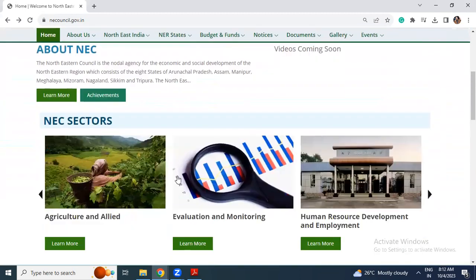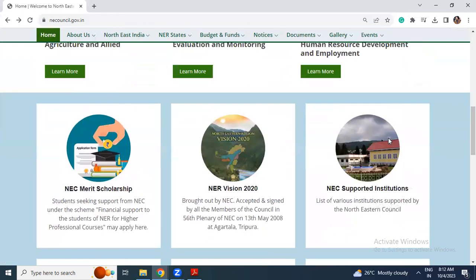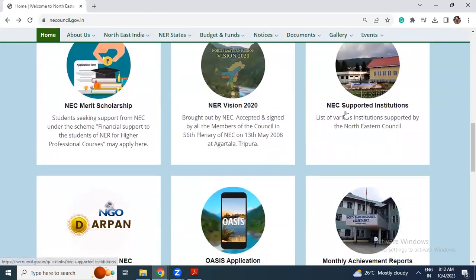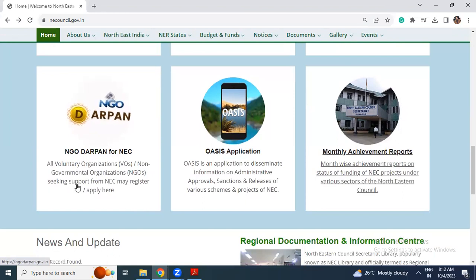Here you can see the different sectors where the government is focusing, like agriculture and allied sectors. Then evaluation and monitoring is going on. Then some supported institutions, Northeastern Region Vision 2020, then merit scholarship, then this NGO Darpan. Darpan for what?